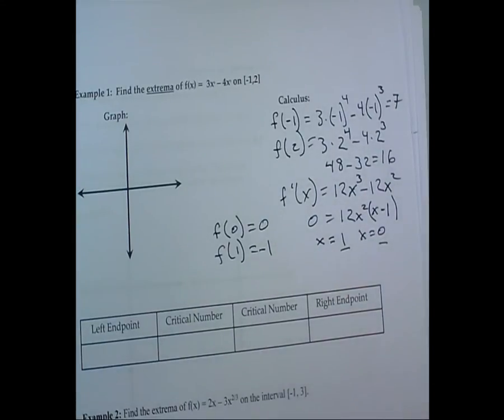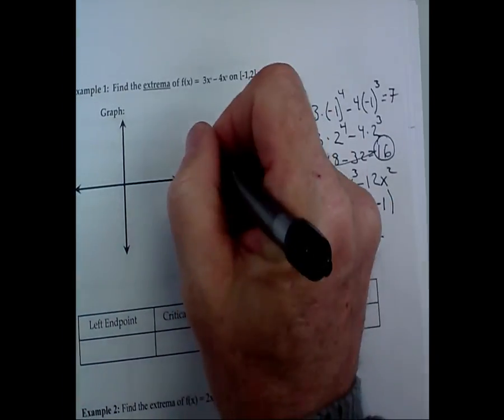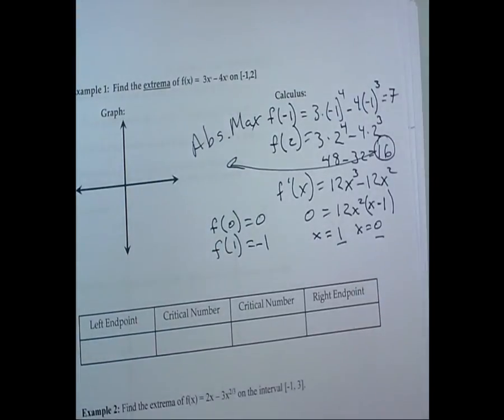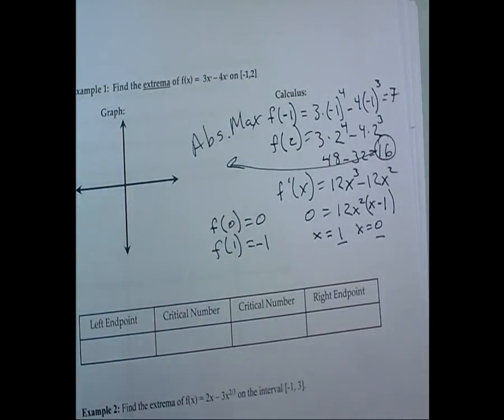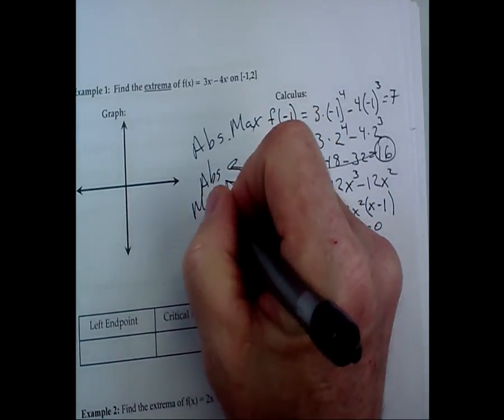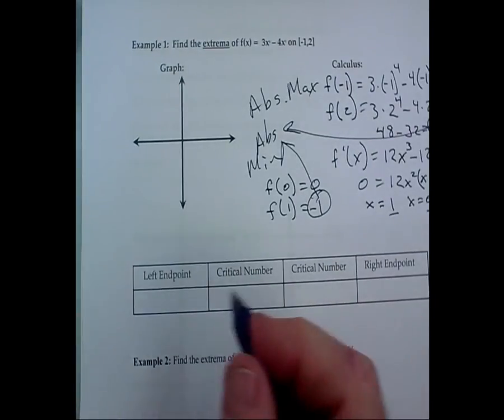I have 4 possible answers. Which one's the absolute max? 16. Absolute max. Which one's the absolute min? -1. Absolute min. And so what I do here is I look at the left endpoint.